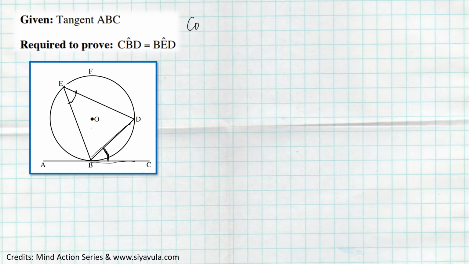Okay, we're just going to start with construction. Very, very important. How do we construct? You construct a diameter first. I'm joining from B, passing through O, going to F, a certain point on the circumference.